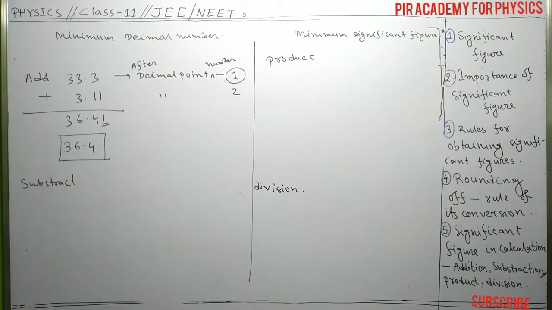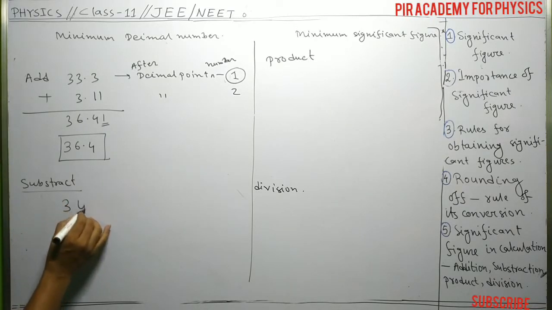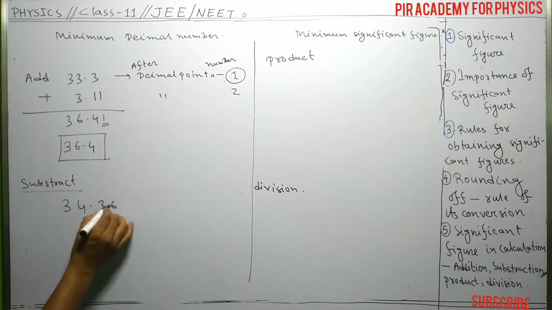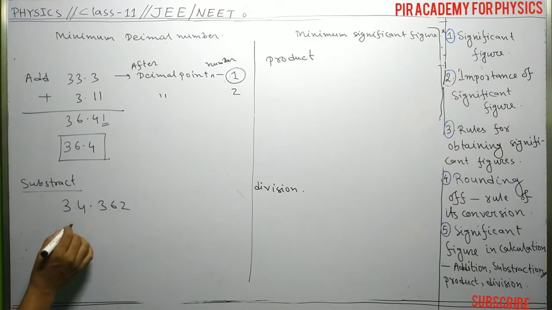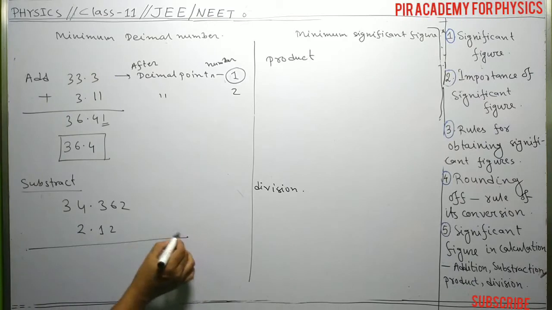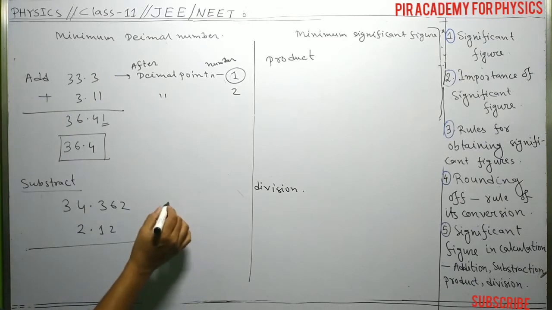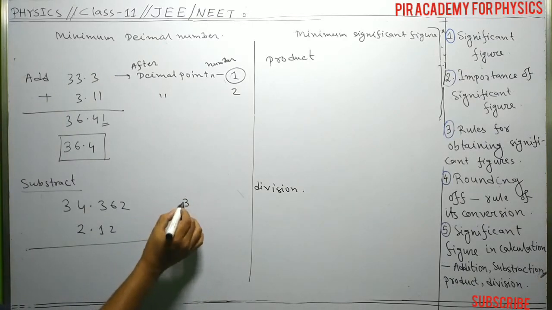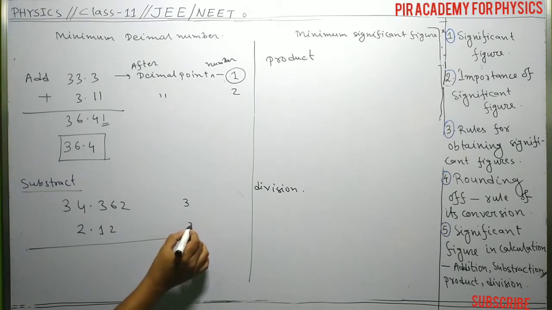If you subtract, what is the rule for subtraction? Say 34.362, and you have to subtract 2.12 from it. Here after the decimal point there are 3 digits, and here after the decimal point there are 2. This is the minimum decimal point.